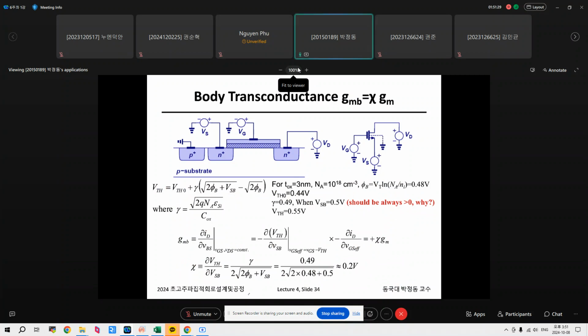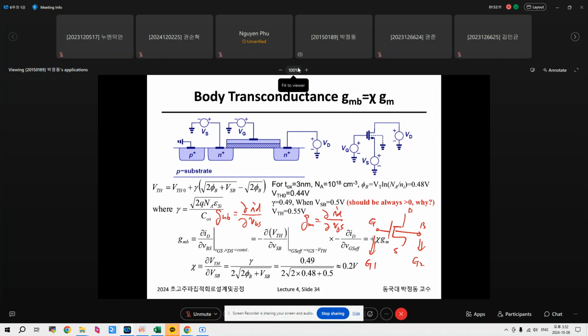If you draw a MOSFET, this is gate, this is body, this is source, and this is drain. So this is gate 1. We consider body as gate 2. Therefore, as we define transconductance as a relation between ID and VGS, we also define body transconductance as ID and VBS.